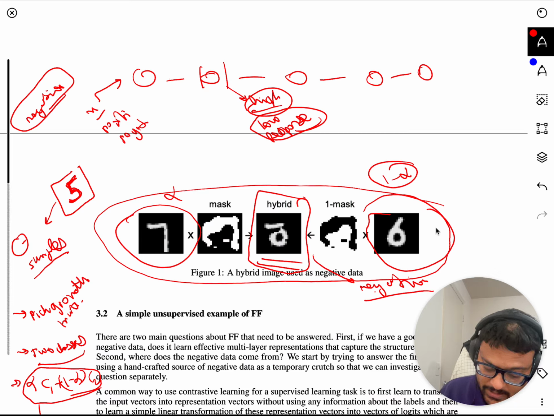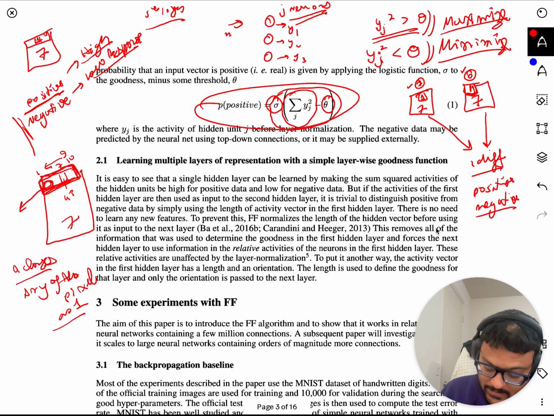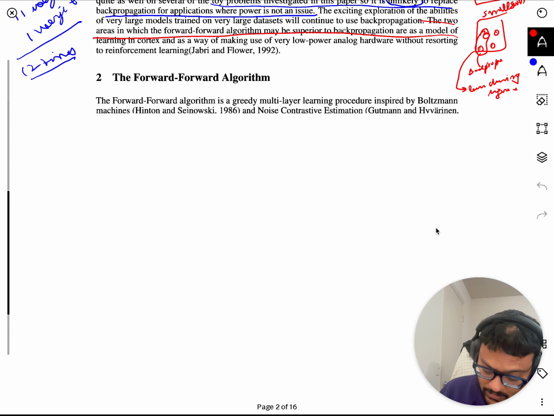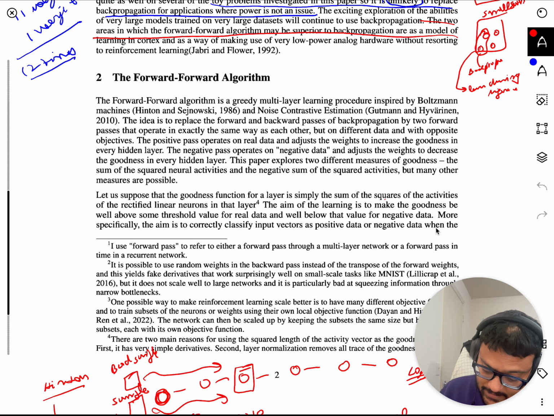And now let us look at what Hinton wrote, so that we can satisfy ourselves that what we have discussed is actually what Hinton told. Here he said that the idea is to replace the forward and backward passes of backpropagation by two forward passes that operate in exactly the same way as each other.